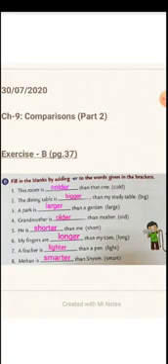Number 2, the dining table is, what is the describing word given in the bracket? Big. So big, comparative form will be bigger. So remember children, in some describing words, not always, when it ends with a consonant, vowel and a consonant, the last letter is doubled.